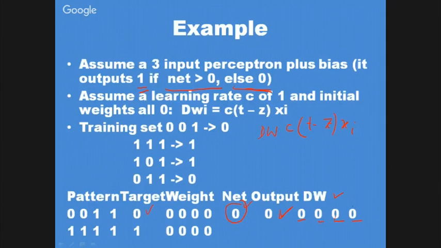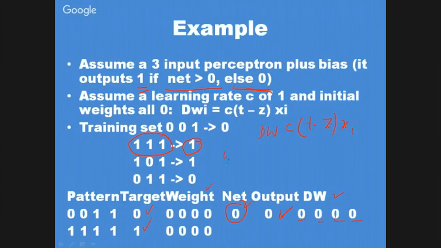Right? Now for the second one, if you get 0, 0, 0, 0, the next input will be 1, 1, 1, and bias is also equal to 1. In our case, the target is also equal to 1. But now what is the weight? Because delta W is also 0 and the previous value is also 0, 0, 0, 0, the new value of weight will be 0, 0, 0, 0 only.